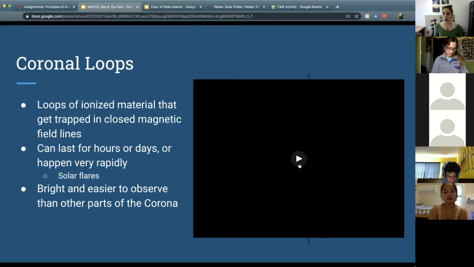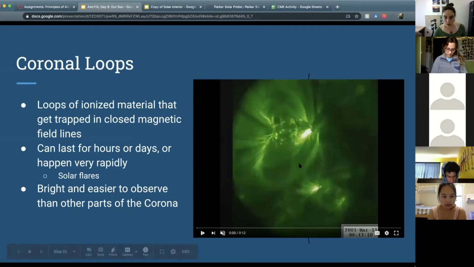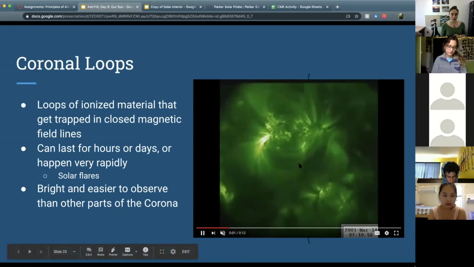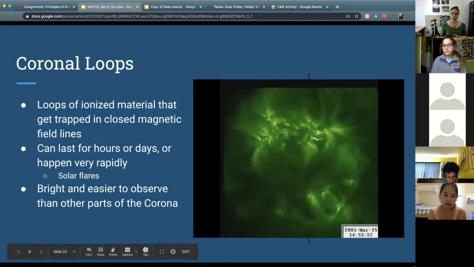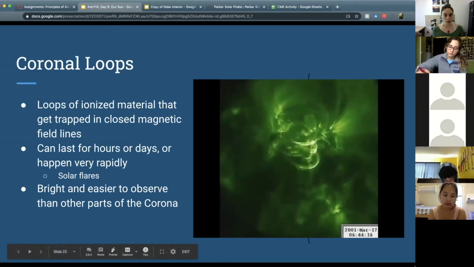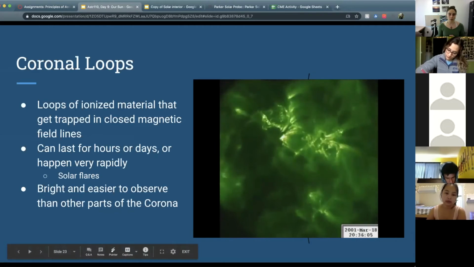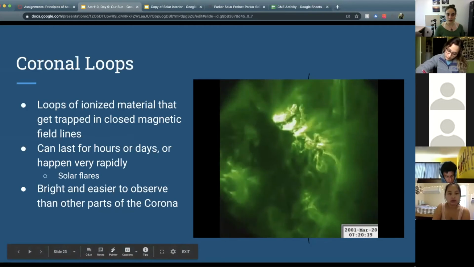Because the sun is so hot, there's a lot of things bumping around and a lot of highly energetic photons. As those bump into the atoms in the sun, we get positively charged ions and electrons, which can get caught in magnetic field lines. And we can see these cool coronal loops and solar flares and other activity.